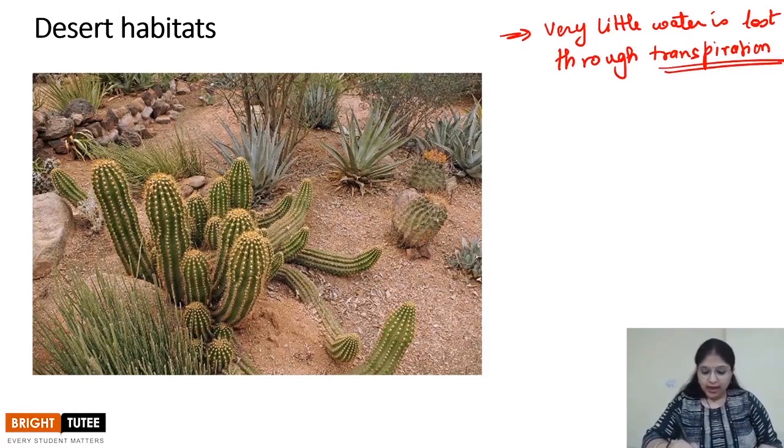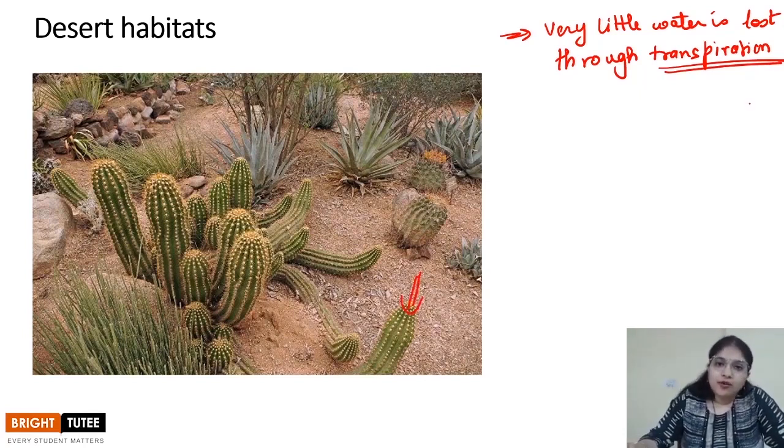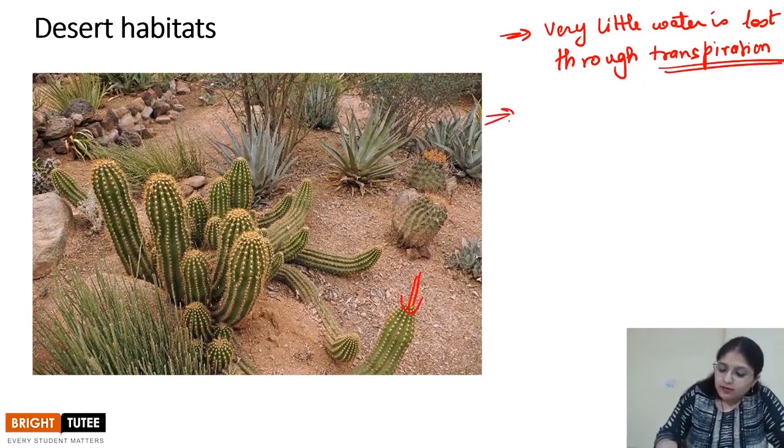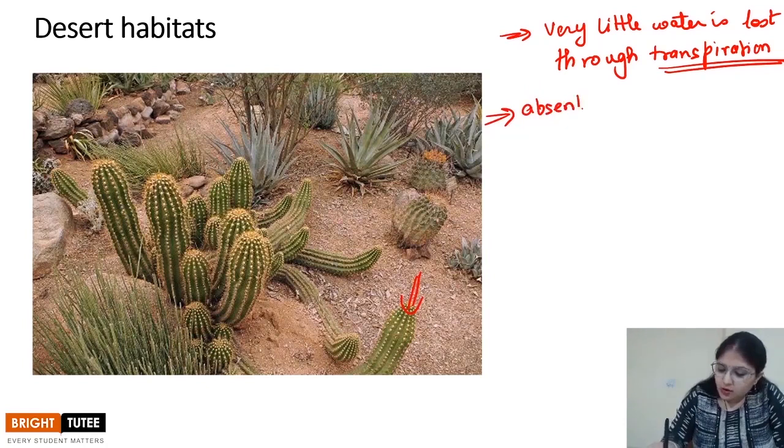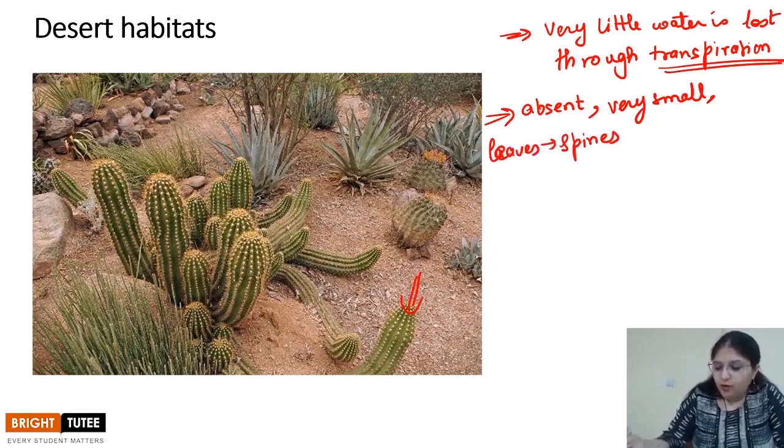Now if you look at this cactus over here, you will not find leaves on it, right? So how is this transpiration avoided? So leaves in the desert plant are either absent or they are very small, right? Or they have converted into spines, right? So leaves have transformed into spines.